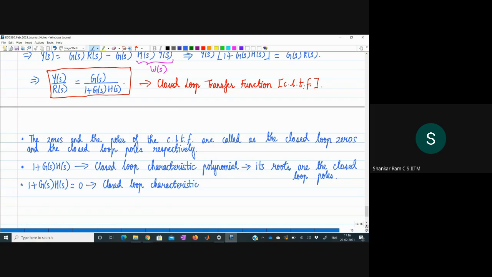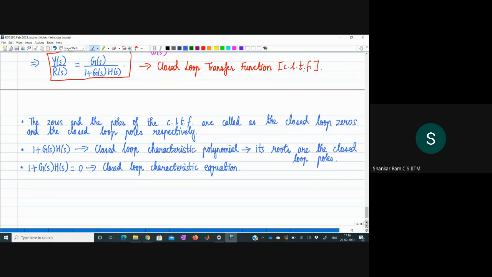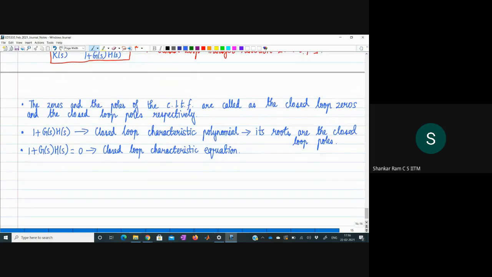So once again, what is special about this closed loop characteristic equation? Its solutions are the closed loop poles, right? So we solve 1 plus G of s H of s equal to 0. We get the closed loop poles once again. All right? Okay. Fine. So these are some important terminology that we will encounter.